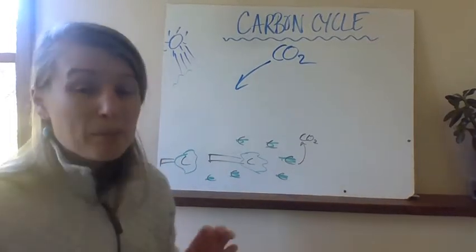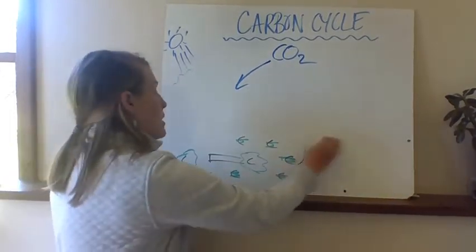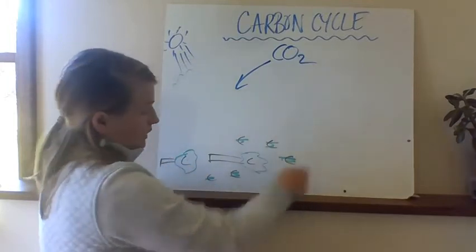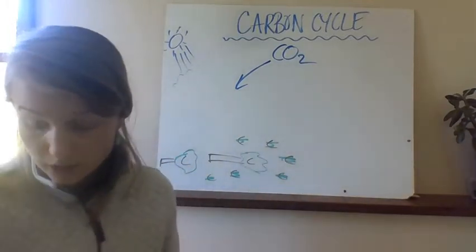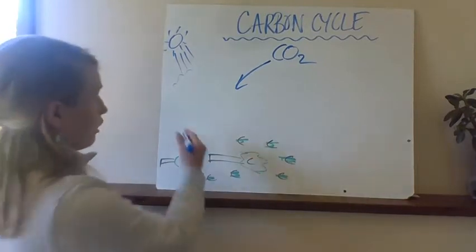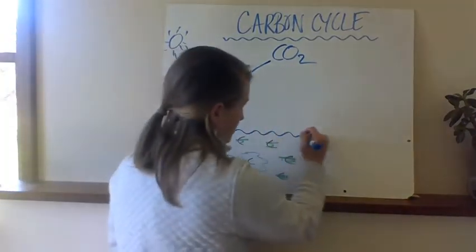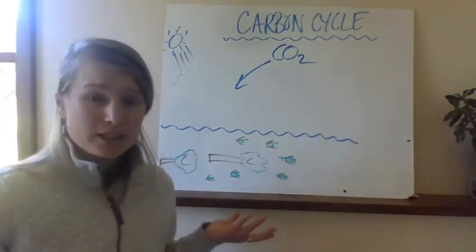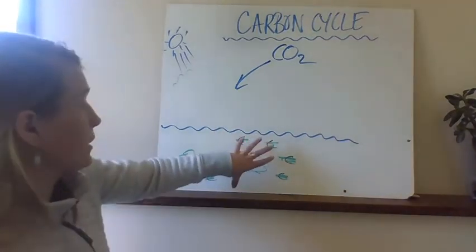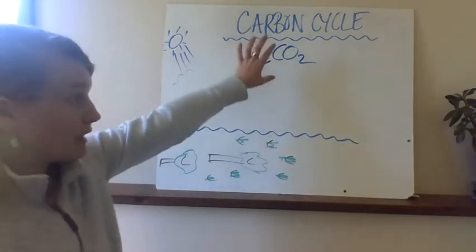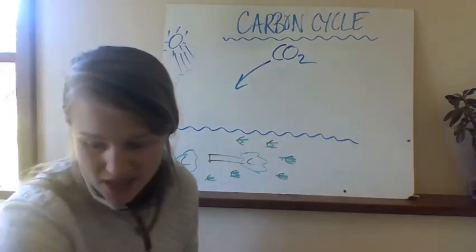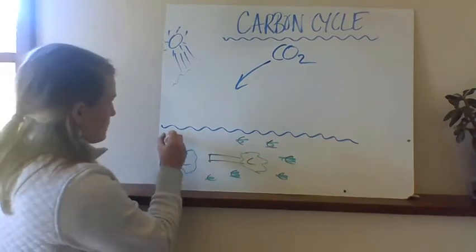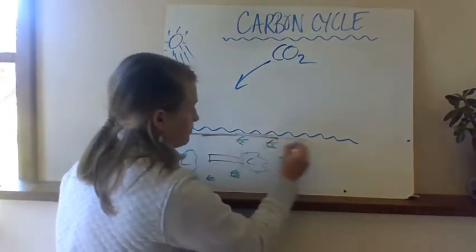But that doesn't have to happen. Maybe instead of these falling onto the ground in a forest, they may fall into a swamp underneath water. And here they can't really decompose and they can't have this carbon going back into the atmosphere. And then maybe a rock slide happens and they get buried.